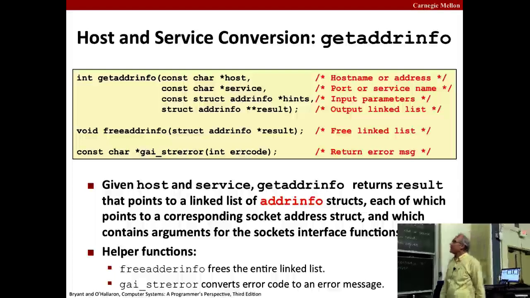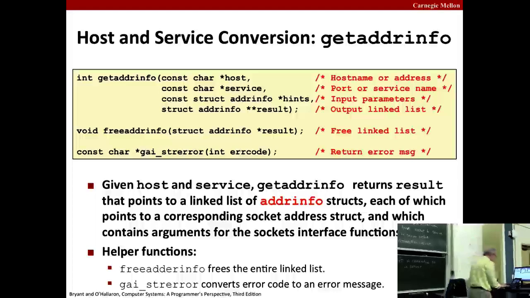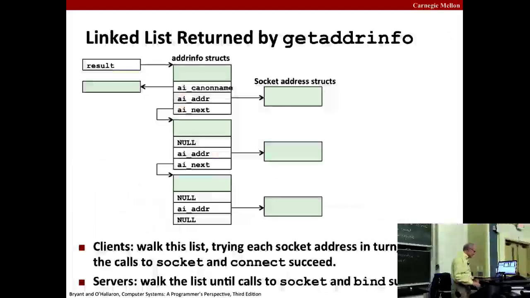And then associated with that is a call called freeAddrInfo that will then deallocate the space used by this data structure from the result. And then there's one called gai_strerror, which lets you interpret the various error codes returned by this routine. So let's just look a little at this.